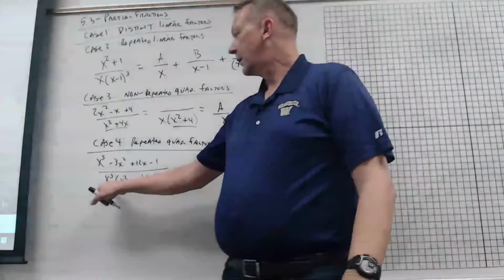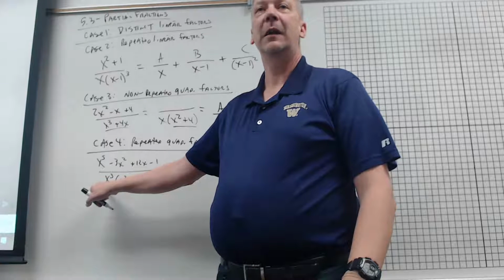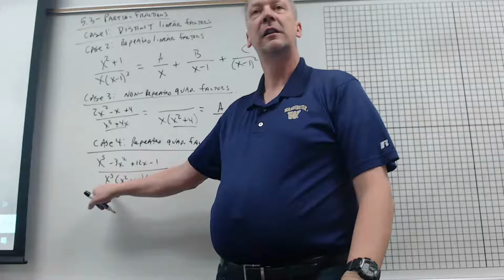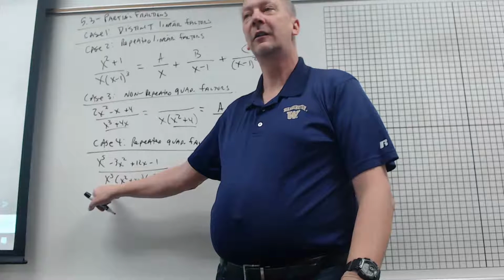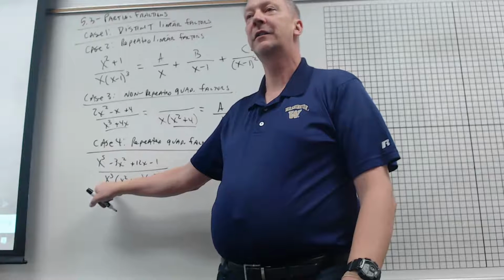Now, what kind of a factor is this one? Mary, what kind of a factor is that? You don't know? Is it quadratic? What's the question? What kind of a factor is this first one?